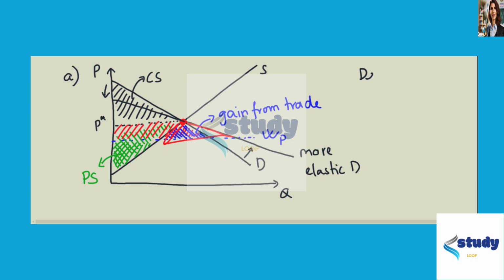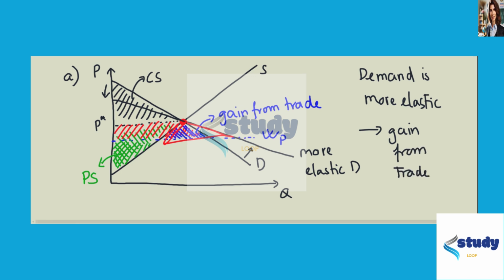So when demand is more elastic, gain from trade increased. Therefore, this statement in part A is true.